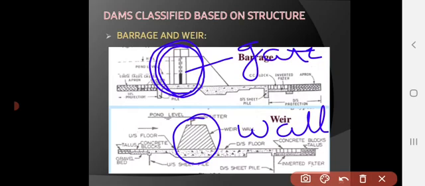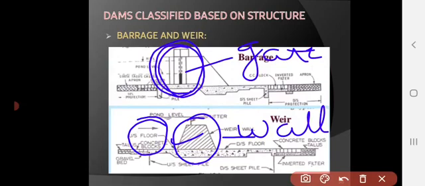Just remember this one thing: barrage is a gated structure and the water is stored by the gates only, while weir is usually a non-gated structure and the water stored on its upstream is done by the weir wall.